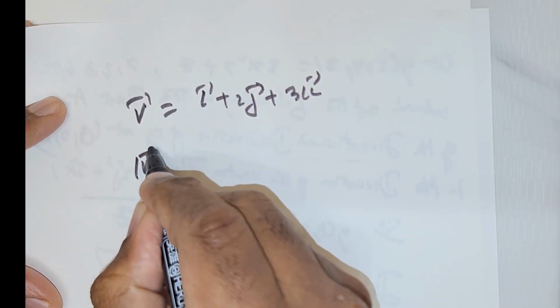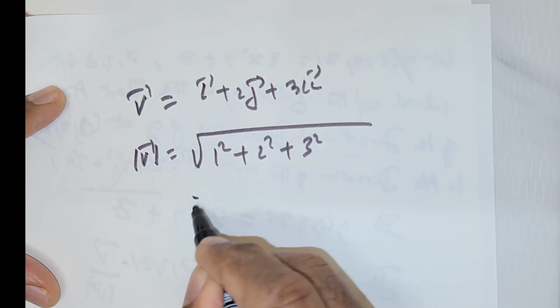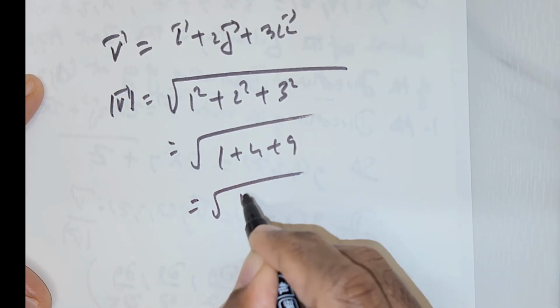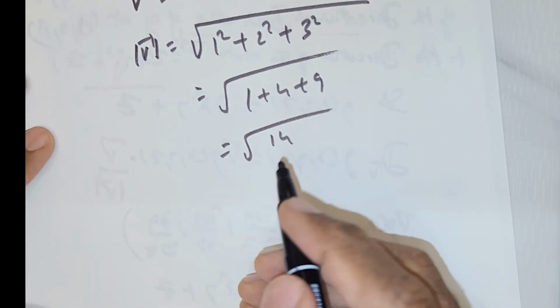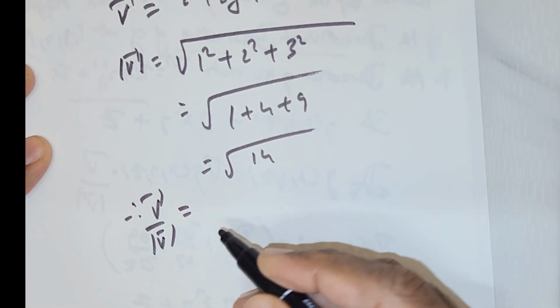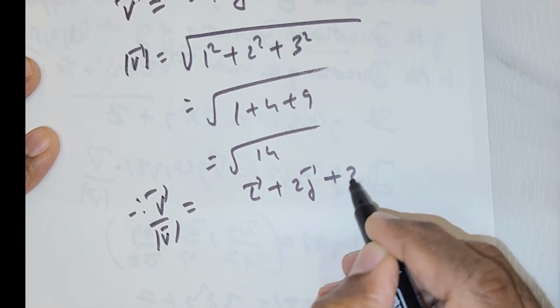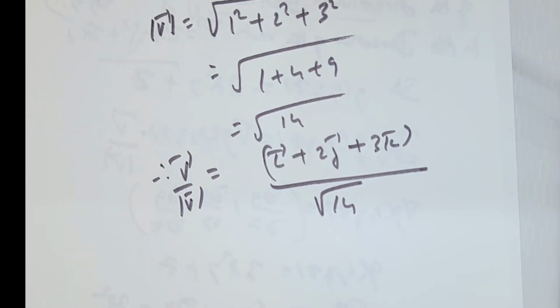So the modulus of v vector is going to be root of 1 squared plus 2 squared plus 3 squared, which is root of 1 plus 4 plus 9, which is root of 14. So v vector over modulus of v vector is going to be i vector plus 2j vector plus 3k vector divided by root of 14. So this is what we got.